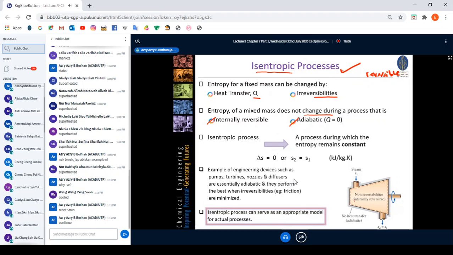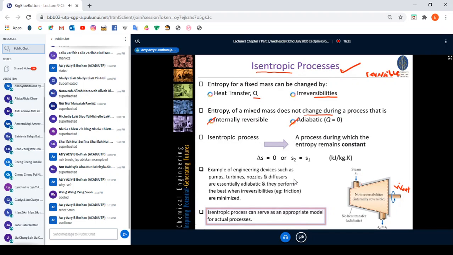Let's say you are the turbine, steam flowing into the turbine and rotating the blades connected to the shaft, and then it produces W out. Because of the nature of most devices, they are internally reversible and adiabatic.